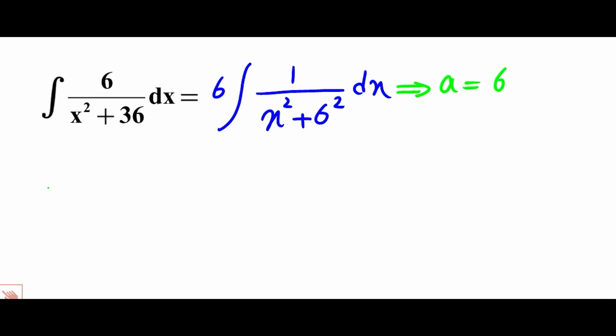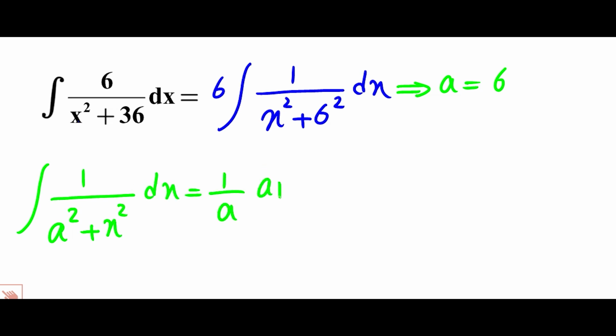Now we use the general arctangent formula, meaning the integral of 1 over a squared plus x squared dx equals 1 over a arctangent of x over a plus c, right?